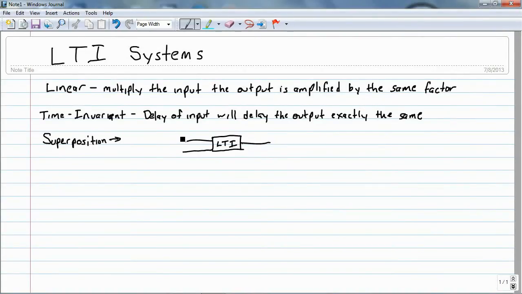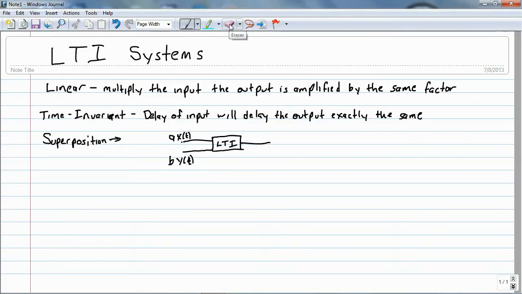So if I have an input, let's say it's some function x of t, and I have another function y of t, then I should get some combined result with these two. And let's say that I multiply this function by some value a, this function by some value b. We can multiply both of those by different values. It doesn't have to be the same.